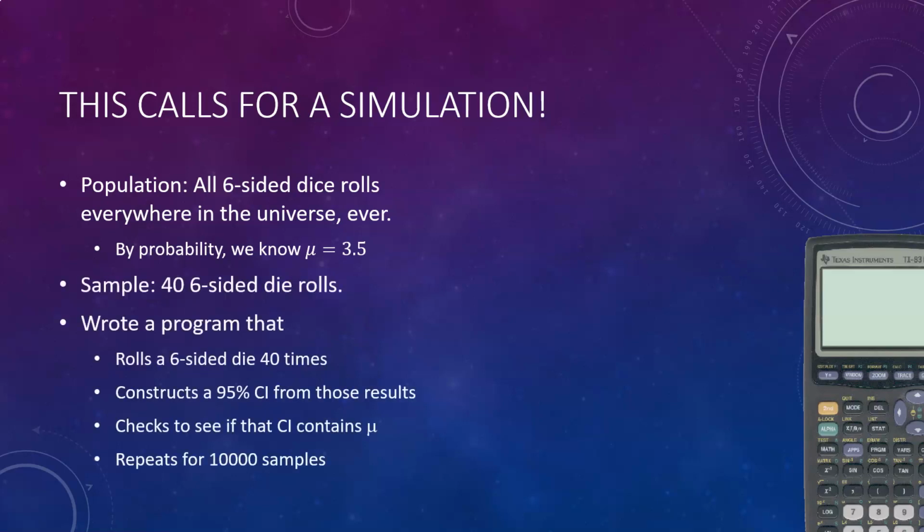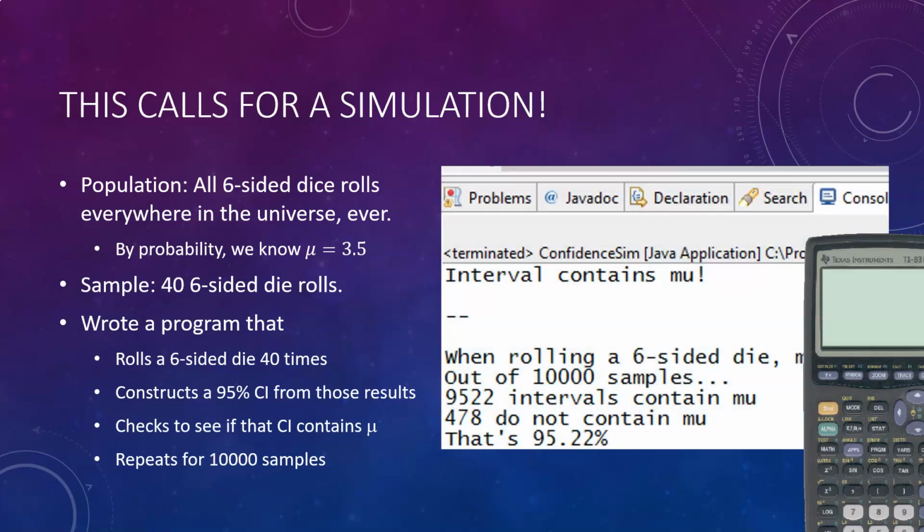I wrote a program that took samples of 40 rolls of a die. It constructed a 95% confidence interval from that sample, and then it just generated 10,000 samples. And we could see how many of those samples actually had a confidence interval that contained 3.5 and how many didn't. And the result is that around 95% of them did.